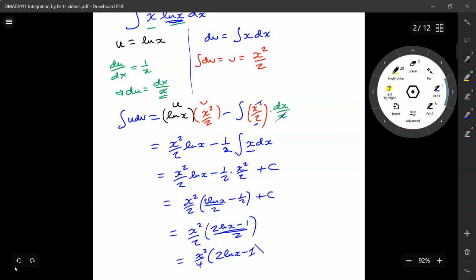You don't have to do that. The only purpose of that is to get rid of the half, you can write log of x as 2 times the log of x over 2. Then you can put both of these over 2, so it's 2 times the log of x minus 1, over 2. And then you can take that 2 outside and multiply it by the other 2, giving you 4. So it's x squared over 4 times 2 log of x minus 1. That's that one done.